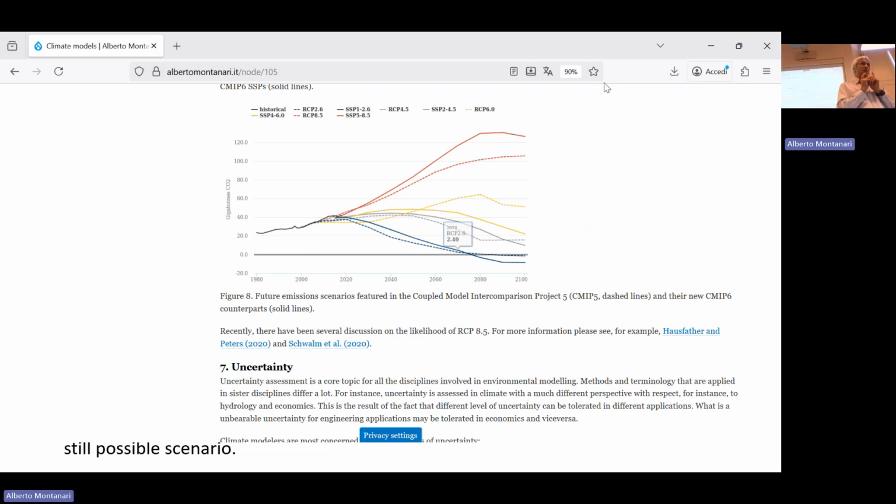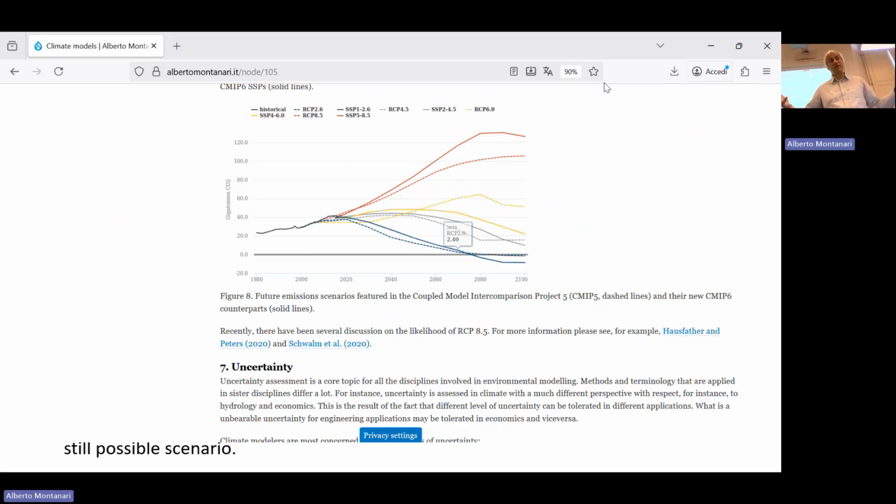Actually, if you look at the model outputs that you can download now, sometimes you see strange things like the output from RCP 4.5 that is more conservative with respect to the output of RCP 8.5, especially at the local level. If you average over a large domain, it's fine, because what we expect is that change is lower for 4.5.